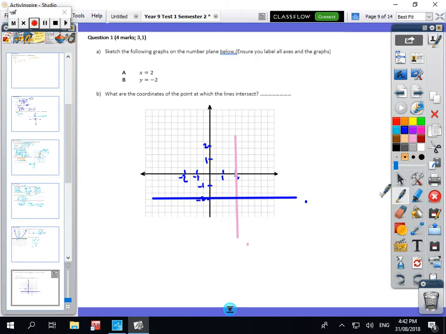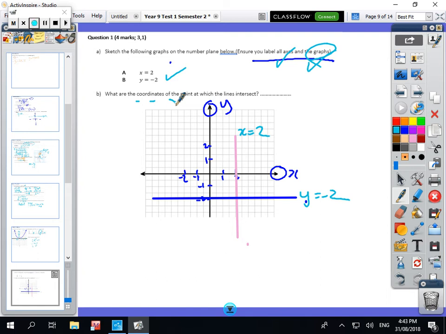Ensure you label your axes, so y and x, and label the graphs, x equals 2, y equals minus 2. So I've done that, I've labelled the axes and sketched them. What are the coordinates of the intersection? Well, the coordinates are (2, minus 2).